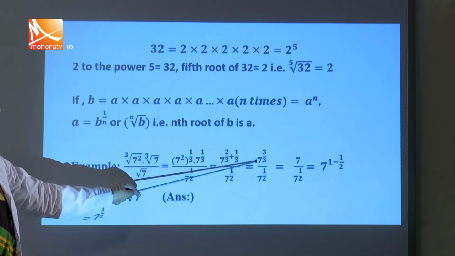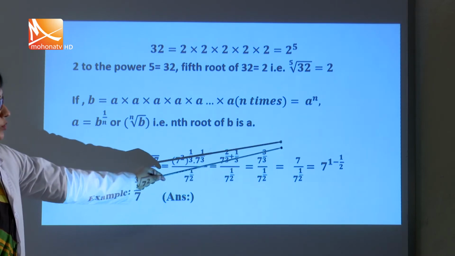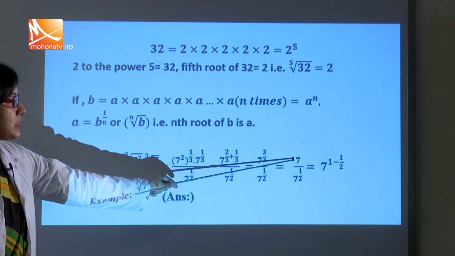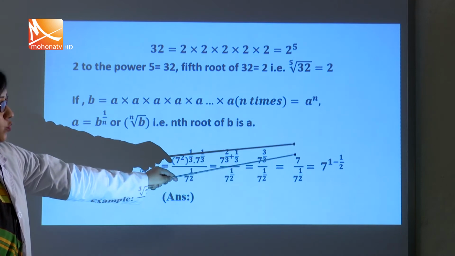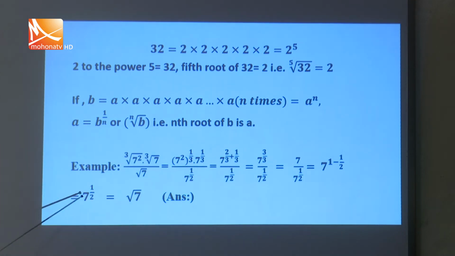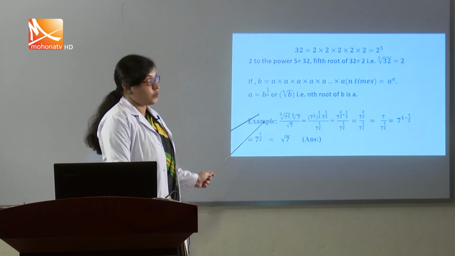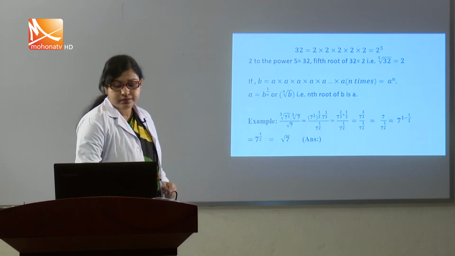It will give you 7 to the power 3 by 3, and if we cancel out, you will get 7. So 7 to the power 1 divided by 7 to the power half, and since bases are equal here, you have to subtract their powers, that is 1 minus half, and it will give 7 to the power half, which is actually root over 7. So this was an example related to our nth root.